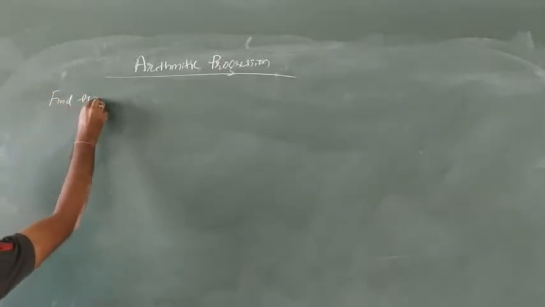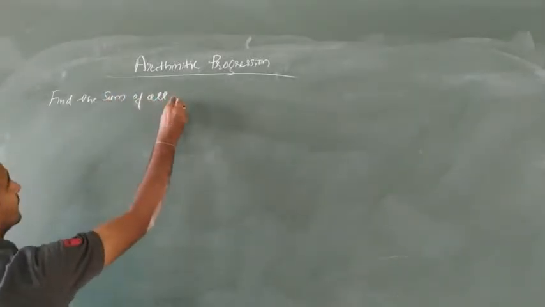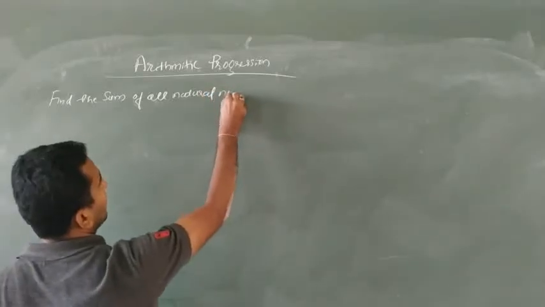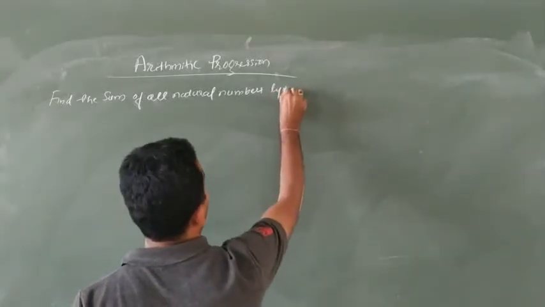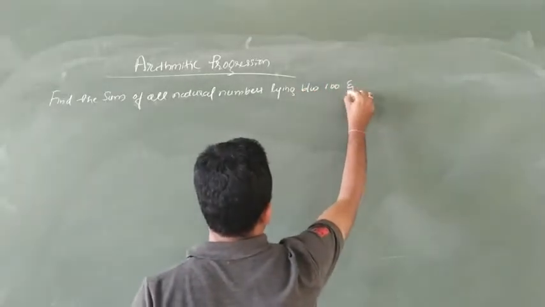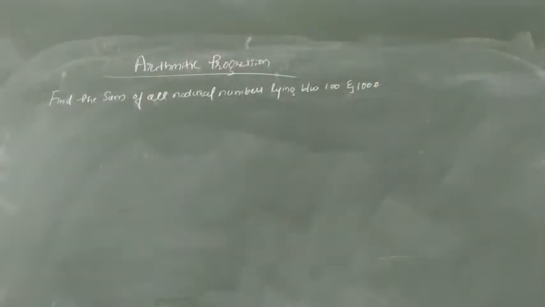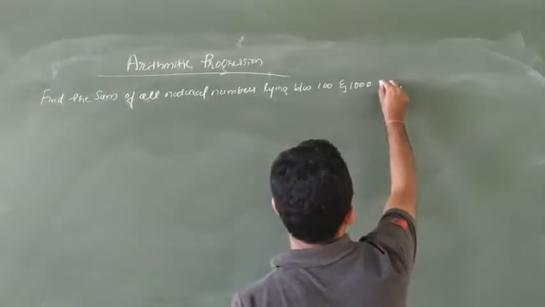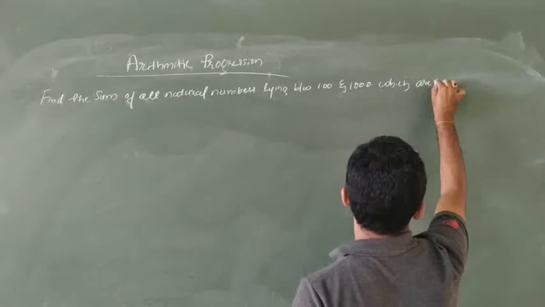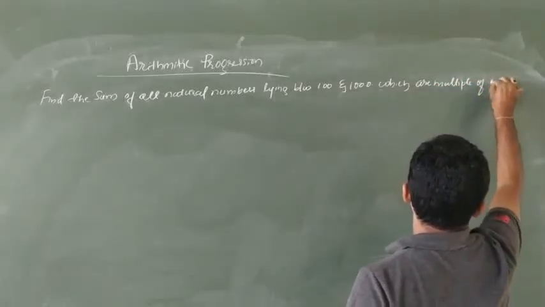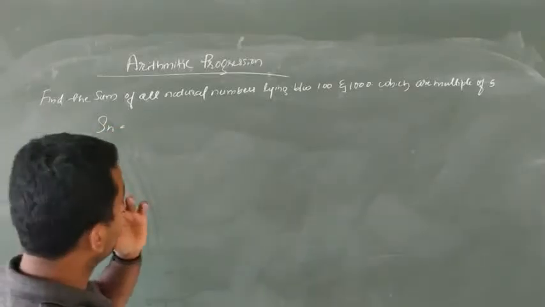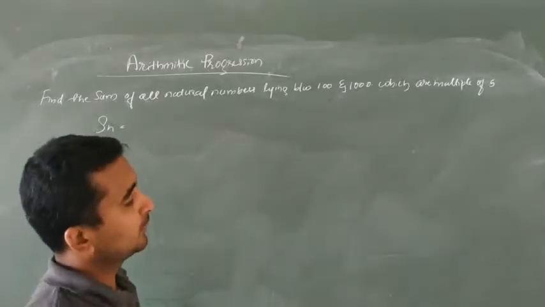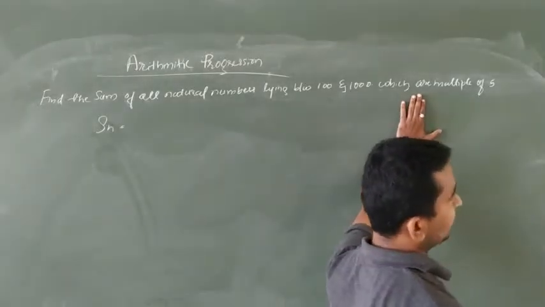Find the sum of all natural numbers lying between 100 and 1000 which are multiples of 5. The numbers lying in between, we have to find the sum. That is Sn equal to the sum of the natural numbers lying between 100 and 1000 which are multiples of 5, those divisible by 5.